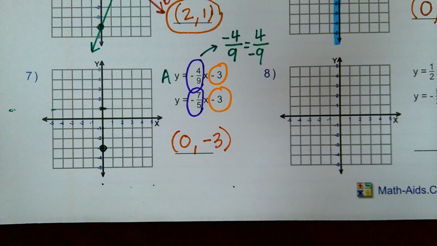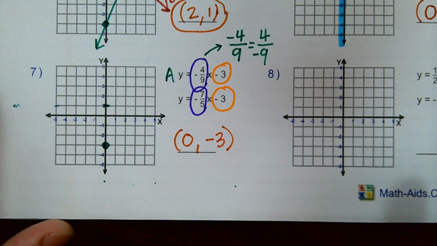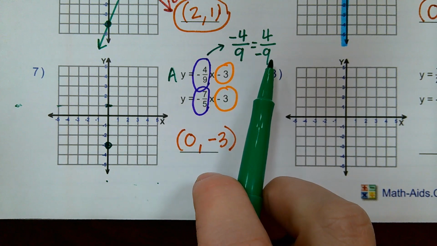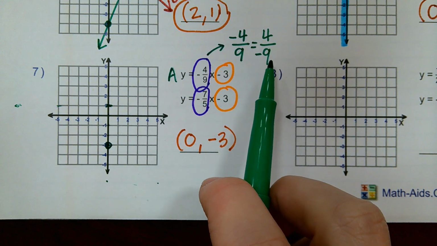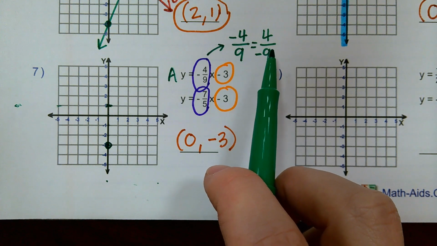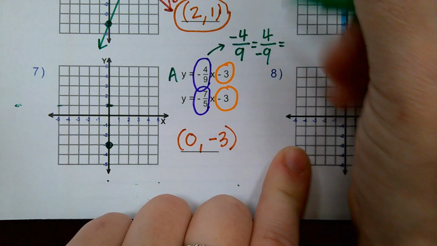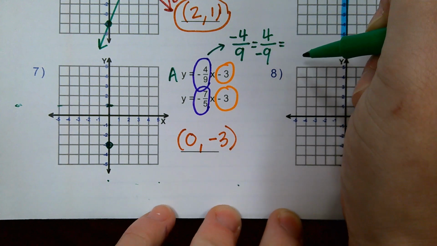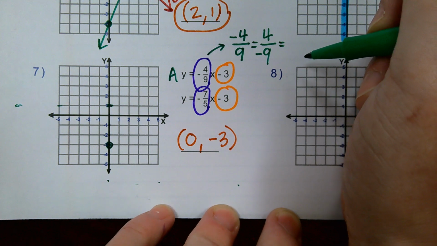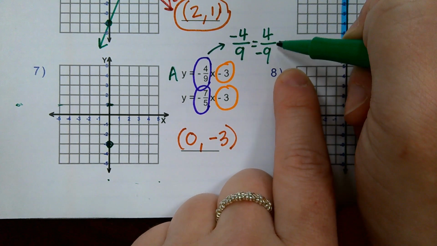Now, Erica discovered something really interesting that you can do. So would you mind sharing that with everybody? Sure. So what you can do is you can take the top number and bottom number and divide them by the same amount. For example, divided by 2, you would get -2 over 4.5. Or you could divide it further by 4 and get -1 over 2.25. Okay. So this is a fraction, right?